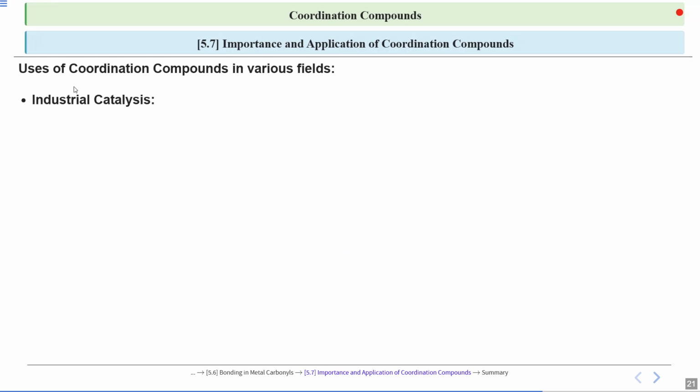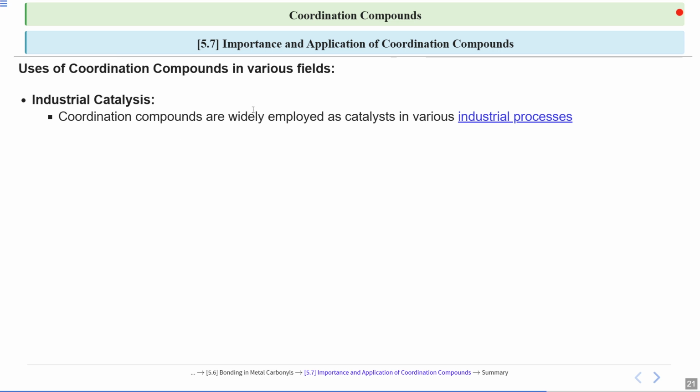Let's see the next field in which we use coordination compounds: industrial catalysis. Coordination compounds are widely employed as catalysts in various industrial processes, either to form something or to refine something. For example, let's take Wilkinson's catalyst.